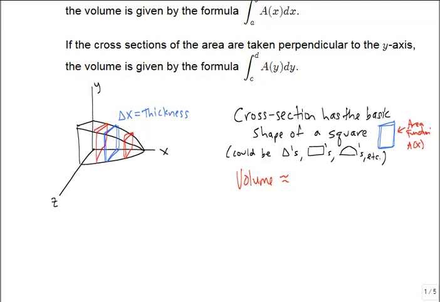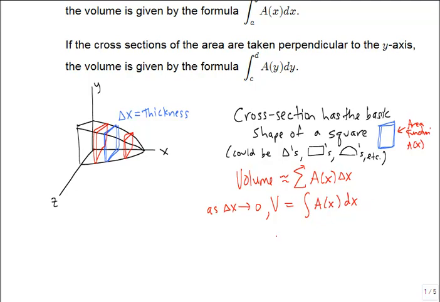So if you visualize all these little cross-sections, they each have a certain area times a thickness, and area times thickness is volume. So if I sum up all of these little cross-sectional volumes, as I let that thickness delta x go to 0, then this volume V turns into a definite integral of that area function A of x dx, and this now becomes the exact volume. It's no longer an approximation.